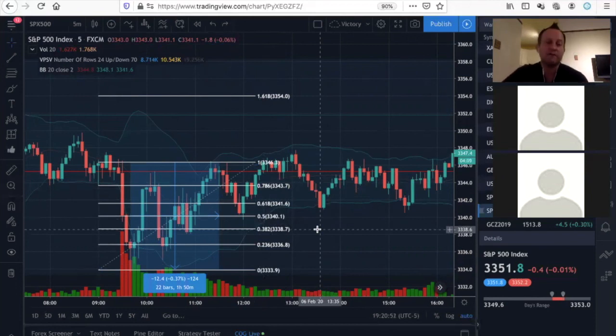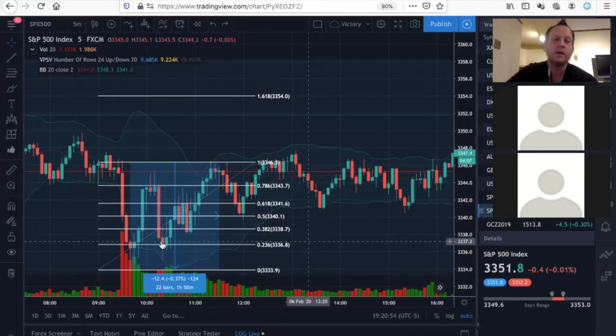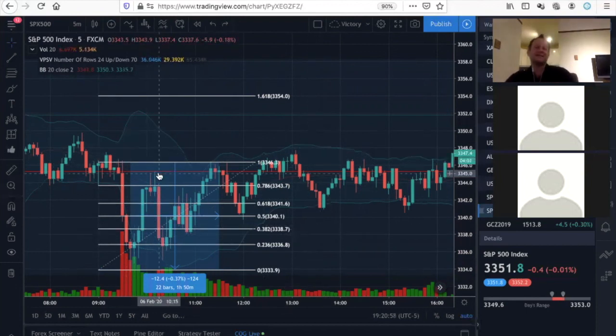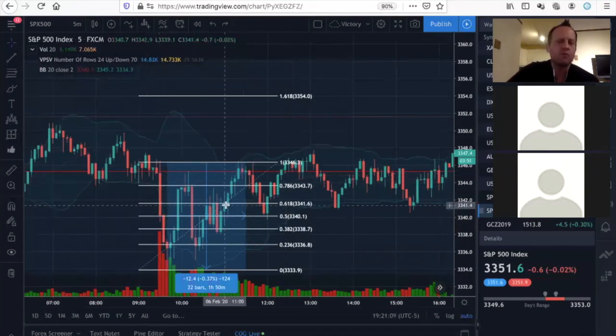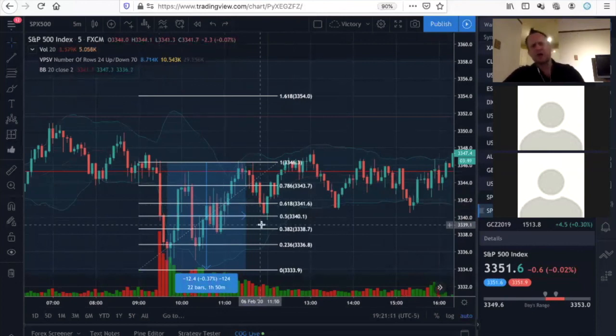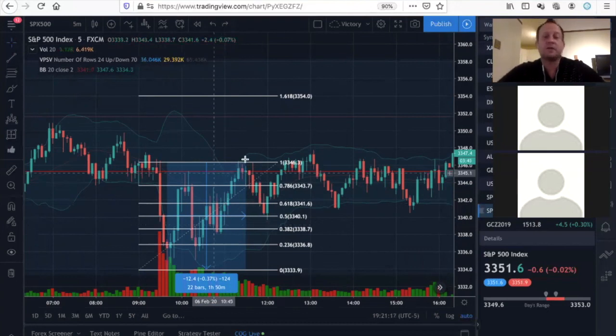This is why Fibonacci is such a great tool. This is the context of the initial balance, but it's really any range or any two anchor points. You're going to see the asset almost always respect the Fibonacci level. So this is an example of a trade that you could have taken based on the initial balance alone.